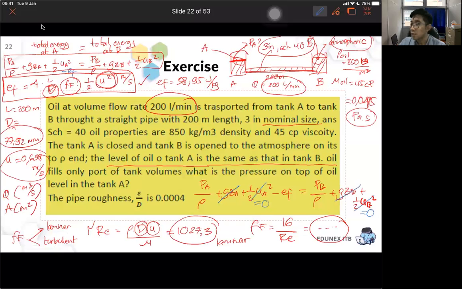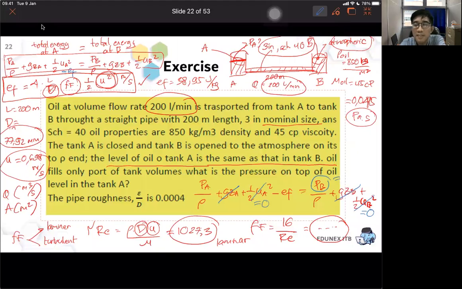So you need, and this one is atmospheric. Atmospheric means, do you still remember the value? 1 atm equals how much in standard unit? Berapa nilai tekanan atmosferik kalau 1 atm dengan satuan standar? How much?